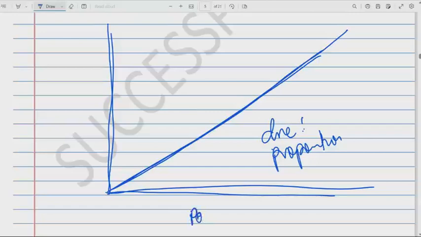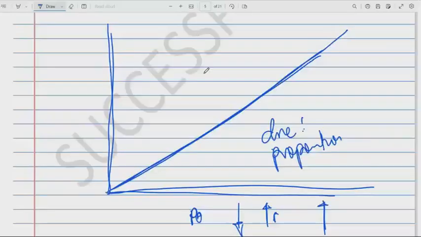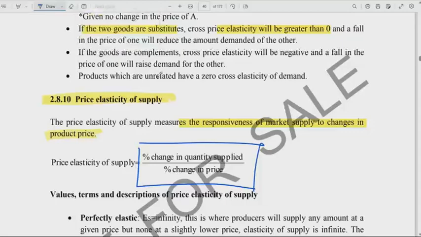Because when the price is increasing, what do we expect? A lot of people supplying that good. If the price is decreasing, then we'll look at fewer people supplying that good. It's like now the arrows go in the same direction. Because they are going in the same direction, it will cause that positive effect. So that's something that we have to know.